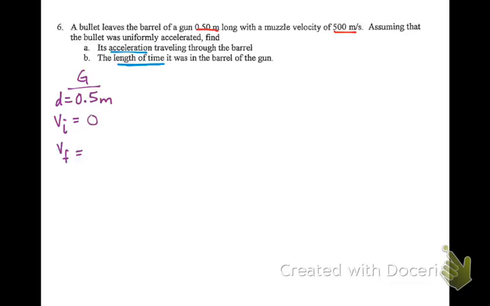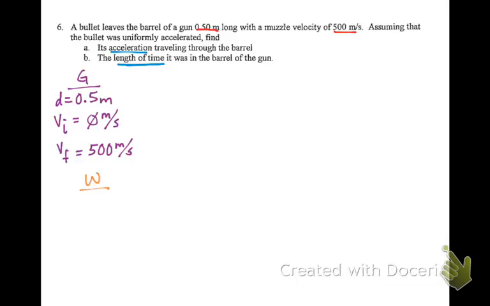Well, it's 0. I know I didn't tell you that, but think about how fast that bullet is moving before it is shot. It's not moving relative to the gun, so it's 0 meters per second. After that bullet has been fired, it leaves that muzzle with a velocity of 500 meters per second. So that's how we know both velocities. I know it's not necessarily given, but it is given.